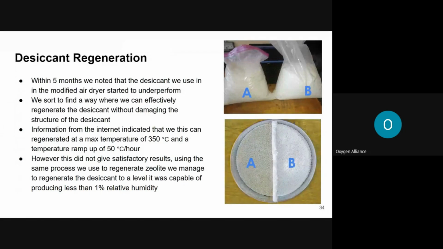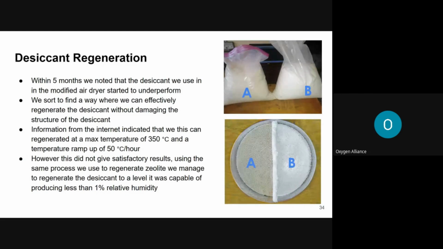So we tried this out, but it did not give us the desired results because the desiccant was still underperforming. So we then decided to just use the same process that we use when regenerating the zeolite. And when we did this, we managed to regenerate the desiccant to a level where it was capable of producing less than 1% relative humidity again.